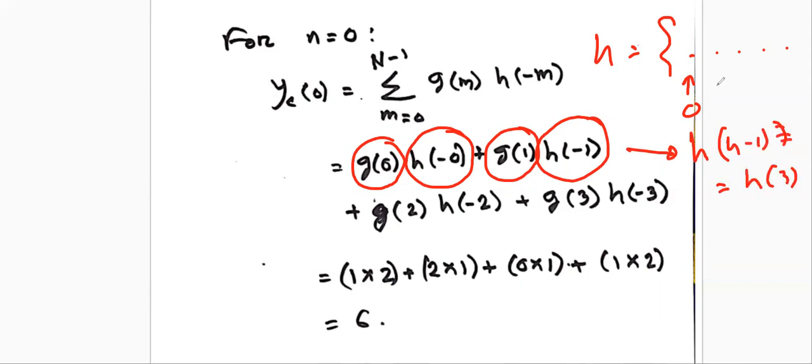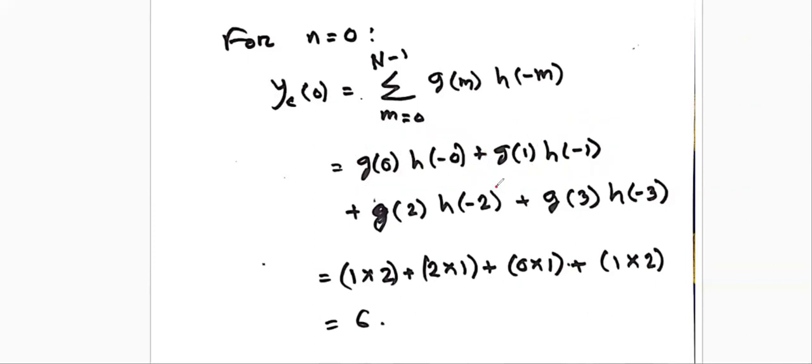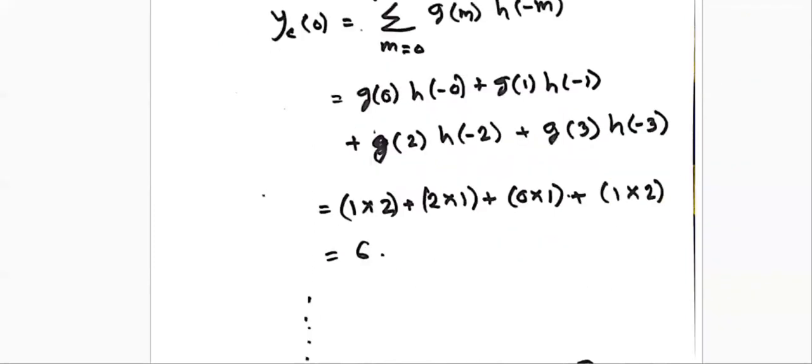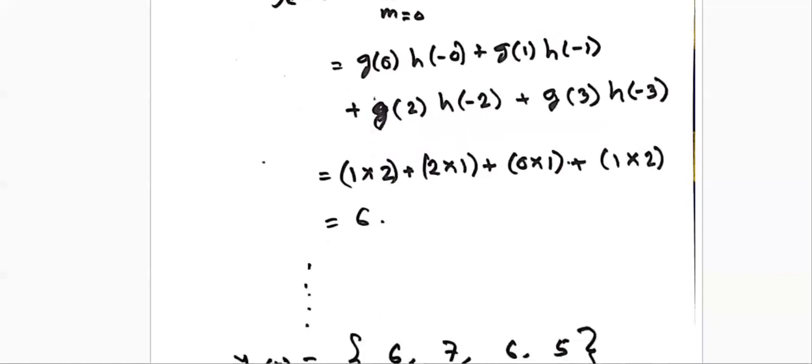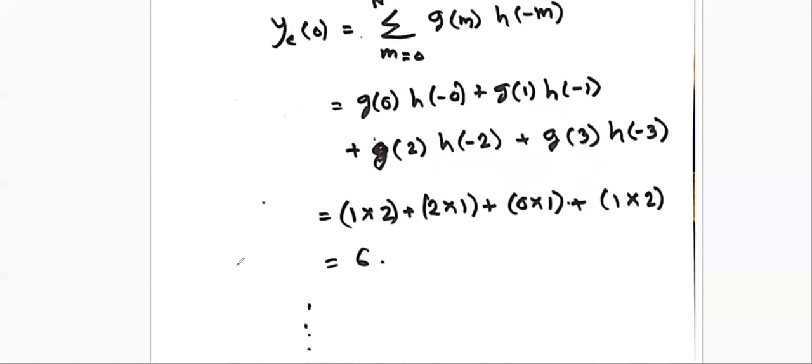So what is the h3 value? This is first, second, and third. So that value should be replaced to that place. Similarly for this one and this one, I have already shown it. And you have got those numbers, and ultimately you can find out this YC0.